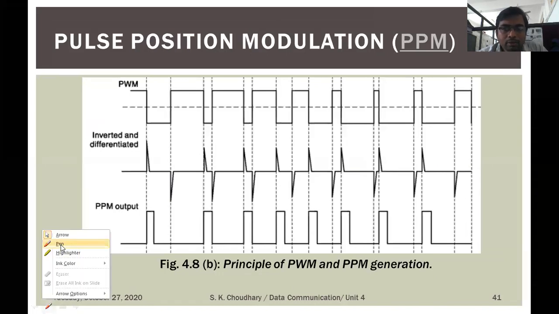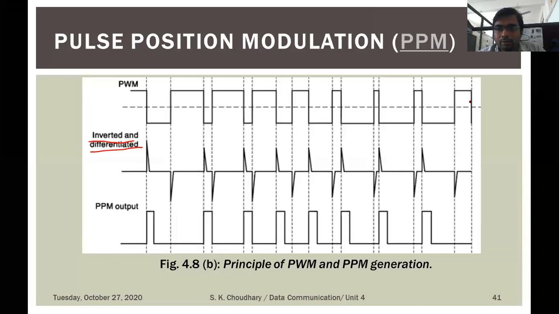This is the output of the inverted and differentiated signal. In one waveform, I have just shown the inverted and differentiated output. You can also separately see the inverter output, where the polarity of this PWM is reversed, and then the differentiated output. There is more explanation if you have any confusion.